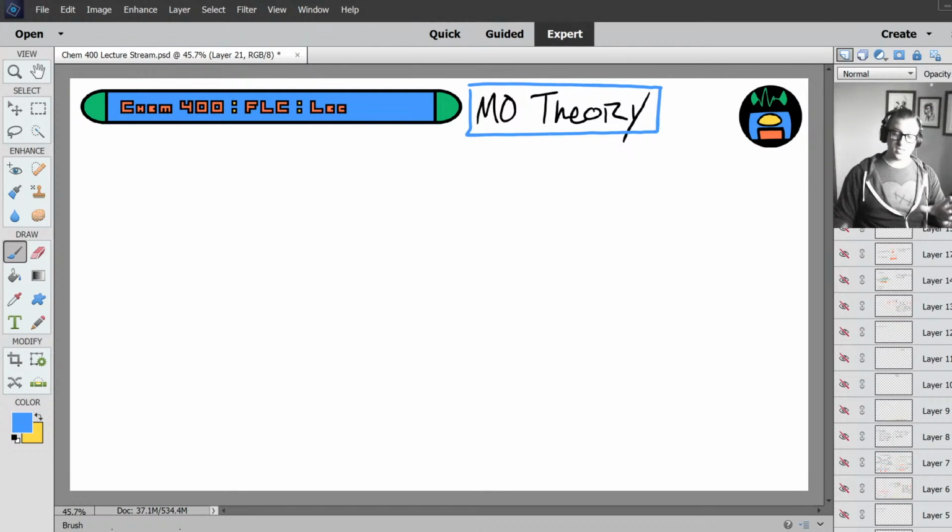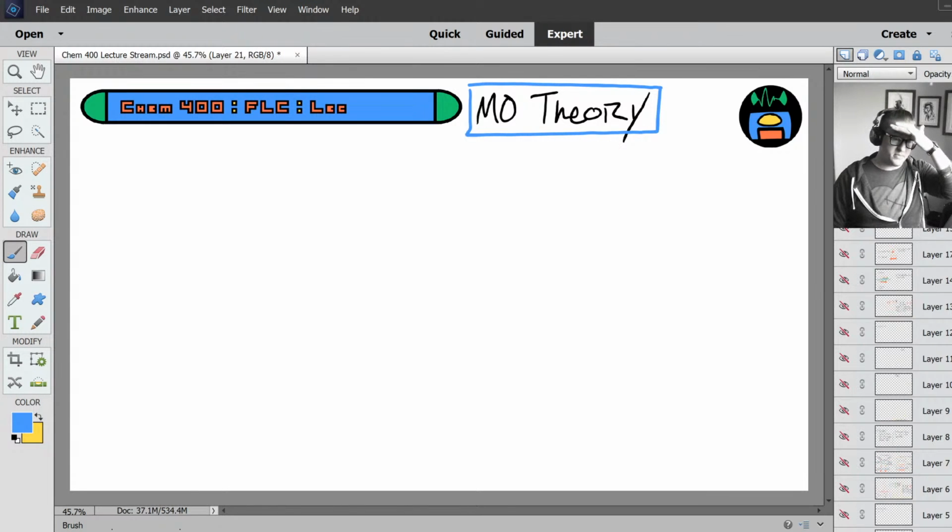Lewis theory was a great introduction to bonding, but it could not explain the types of bonding we saw in the transition metals, in the D block, and another theory had to be developed, and that theory is molecular orbital theory.